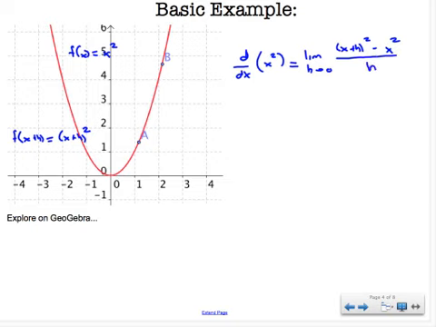These will always start off being 0 over 0, so some work's required on our part. In this example here, I'm going to go ahead and expand the numerator. You could also factor the numerator as a difference of two squares. Okay, so what do we got? We got x squared plus 2xh plus h squared minus x squared all over h.